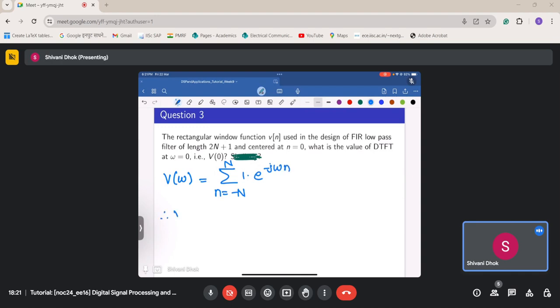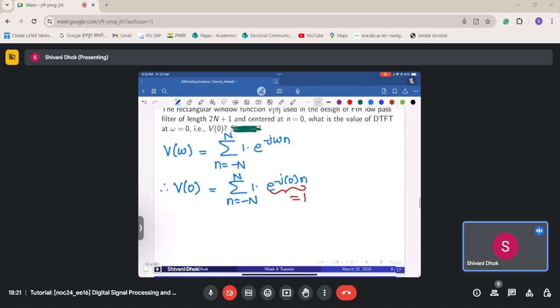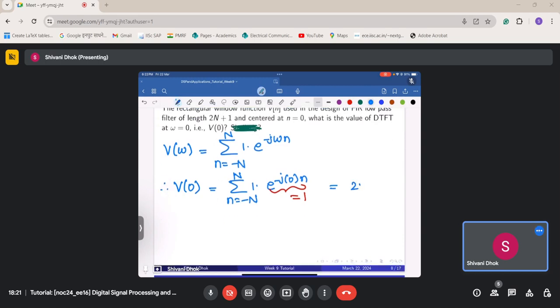Therefore V of 0 will be equal to the summation over n from minus N to N of 1 into e power minus j 0 n. This thing here is equal to 1, and we are adding this 1 for 2N plus 1 times. So this comes out to be 2N plus 1.